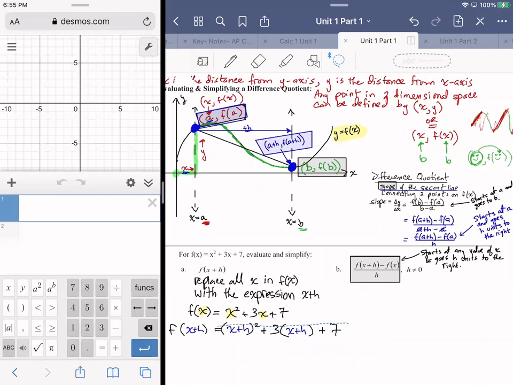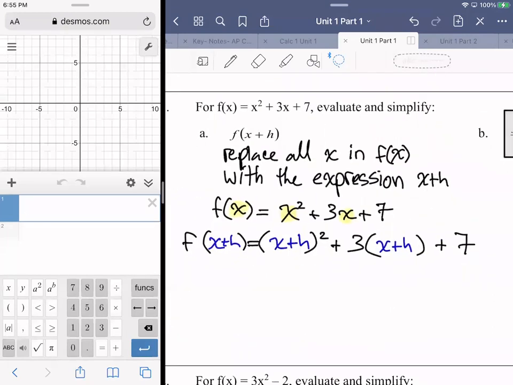So we have to use double distributing or the FOIL method, whatever you learn to call it. So I have an x plus h squared. So I'm going to write that as x plus h times x plus h. We're going to distribute that out.